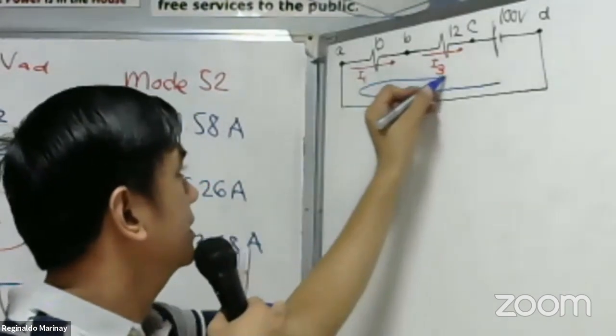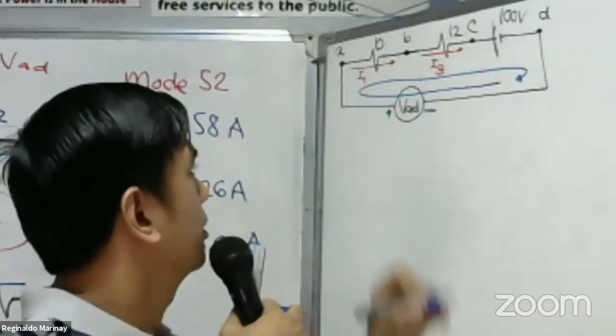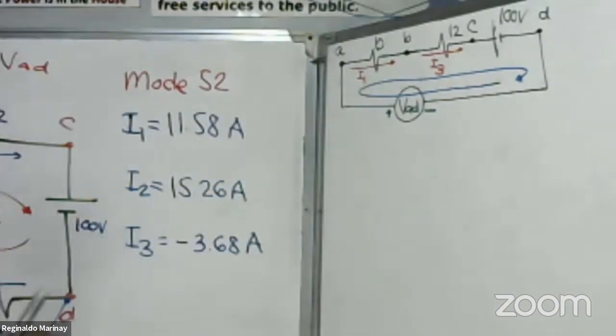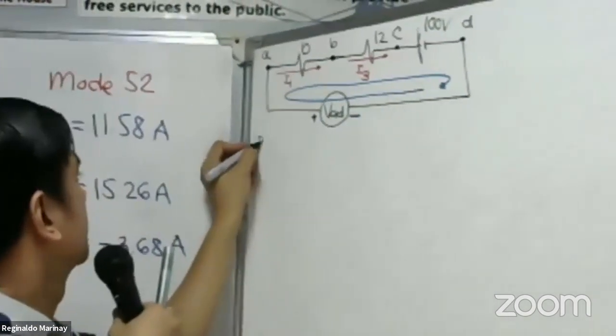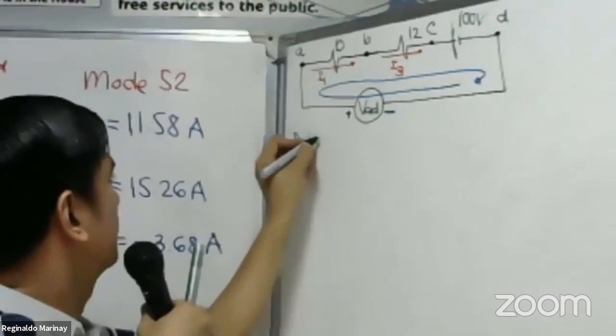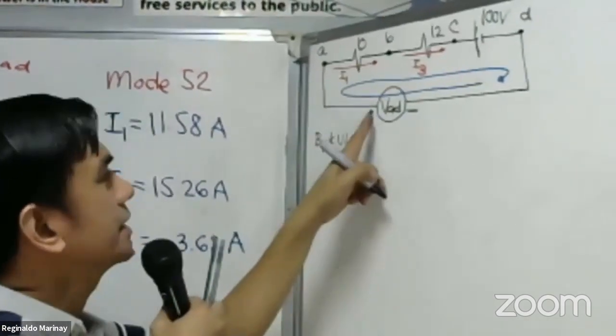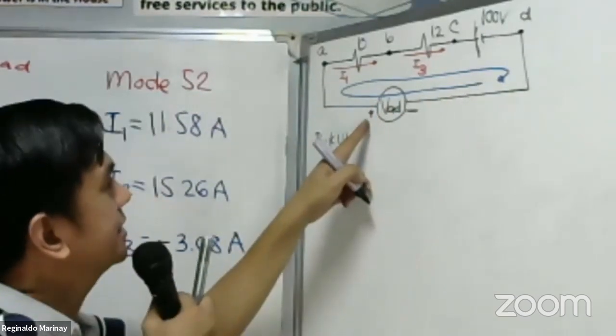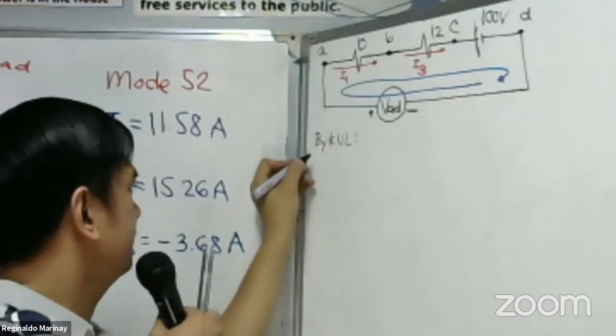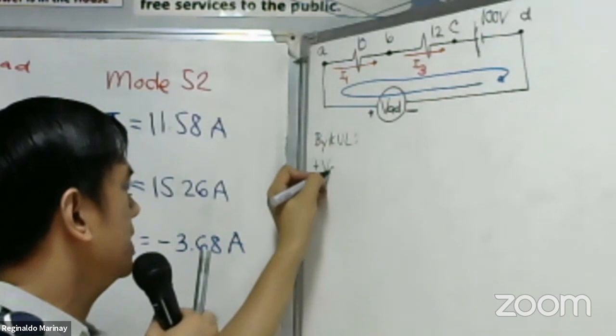Okay, let us have the circuit tracing like this one. Always a clockwise direction. Let's have first the voltages. By Kirchhoff's voltage law, the circuit tracing leaves on the positive terminal of the voltmeter. So therefore, it is positive VAD.